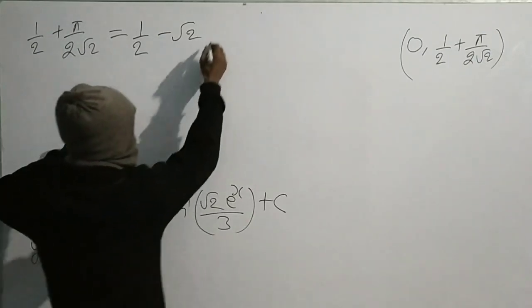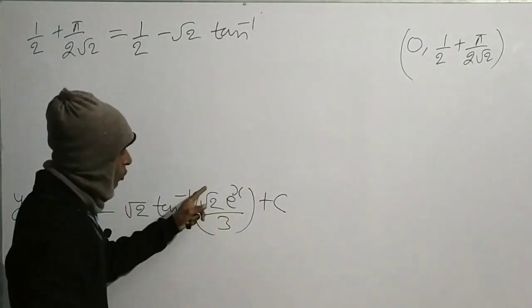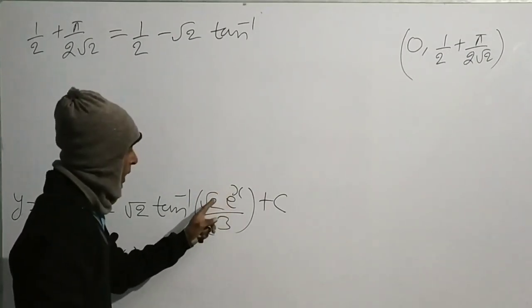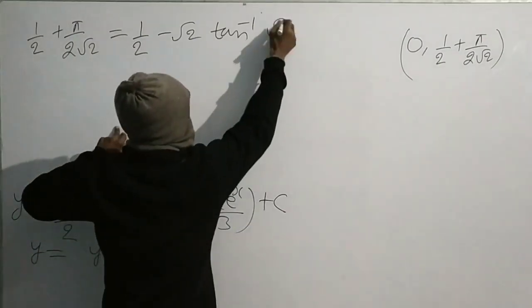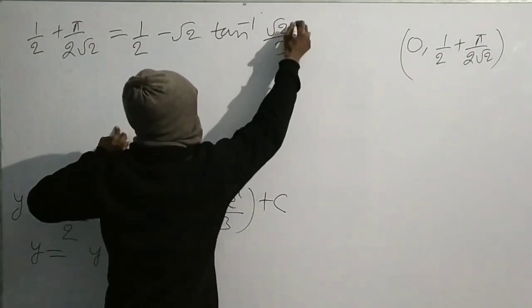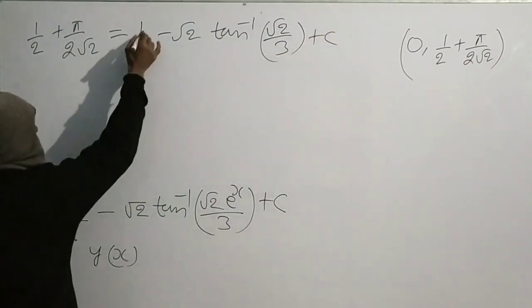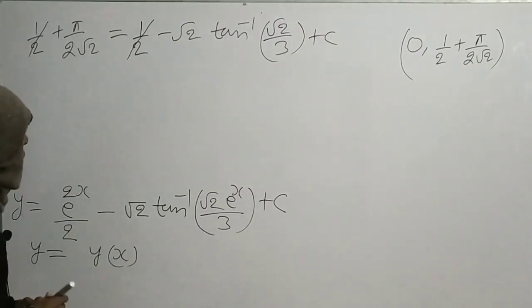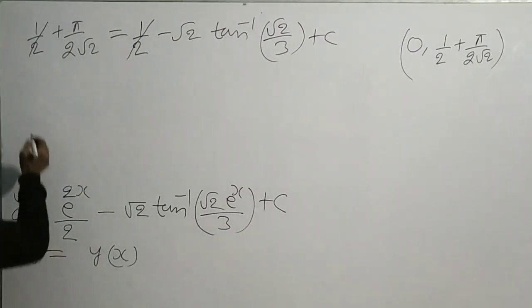tan inverse root 2 times e to the power 0 will become 1, and root 2 times 1 will be root 2, root 2 by 3 plus c. This 1 by 2 and this 1 by 2 will be cancelled out from both sides of the equal to sign.